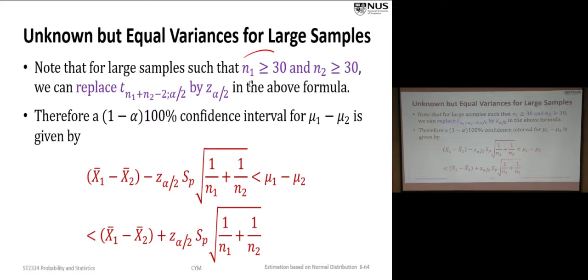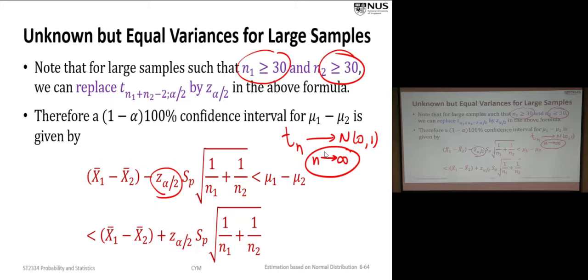If you have big samples, then in that case this t can be replaced by a standard normal, because the t distribution with n degrees of freedom approaches a standard normal as n gets bigger. The t distribution behaves like a standard normal when your degrees of freedom is getting bigger.